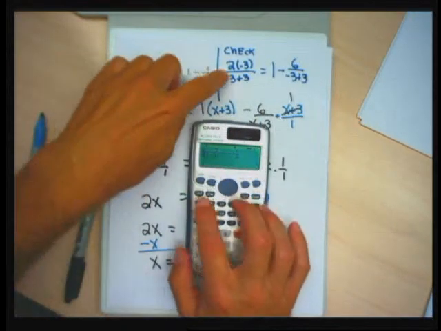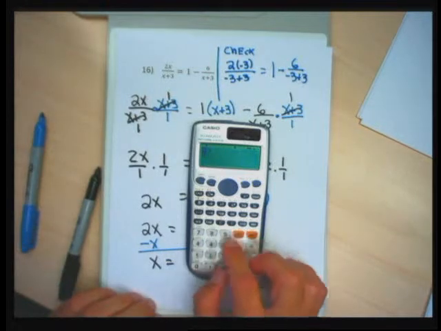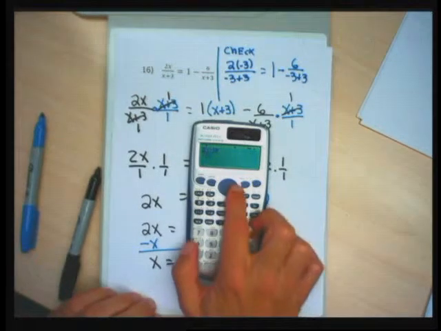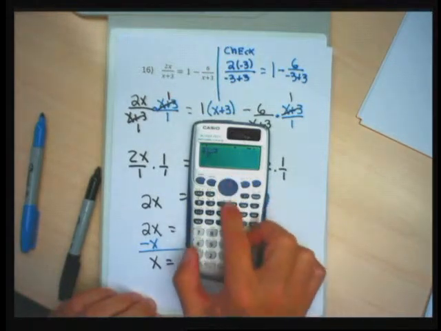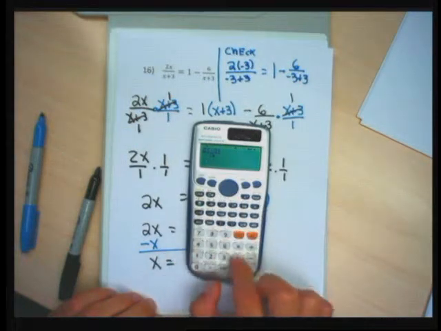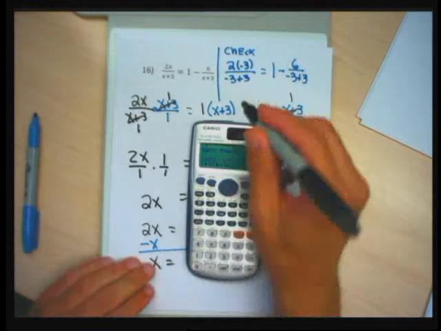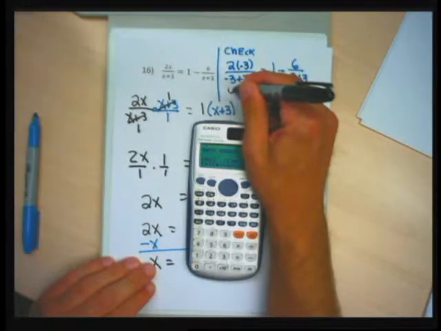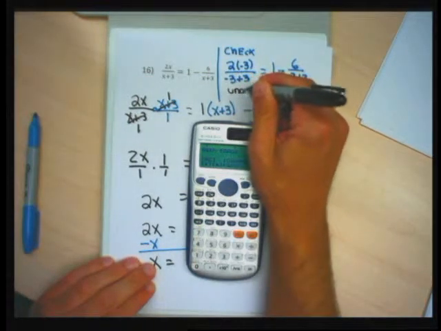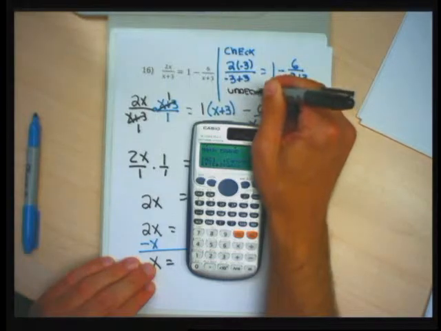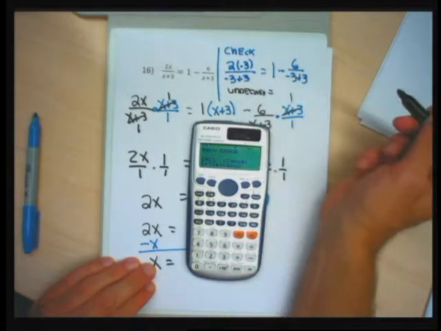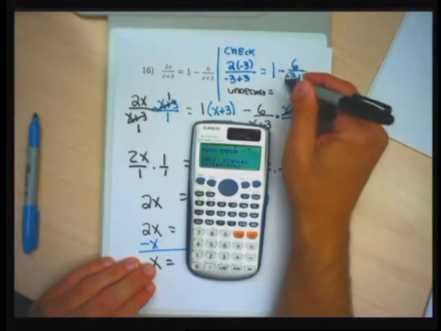On the left-hand side, if I did this on my calculator, I did 2 times negative 3 over negative 3 plus 3. The left-hand side gives me a math error because it has a 0 in the denominator. This piece is undefined. On the right-hand side, this piece is 6 over 0.